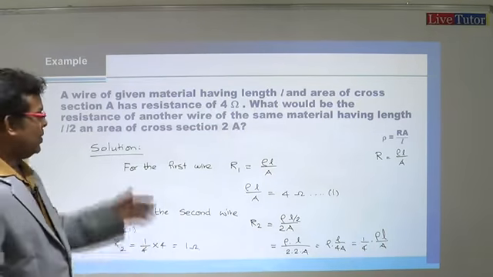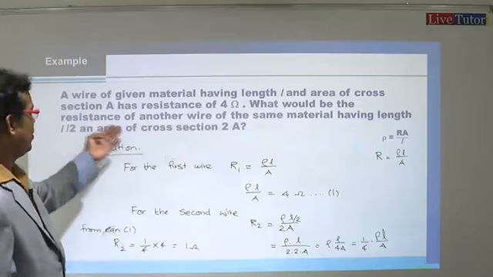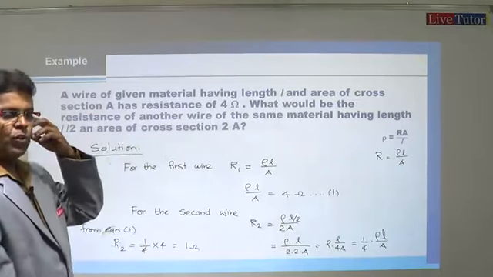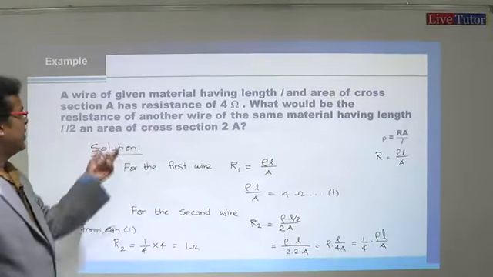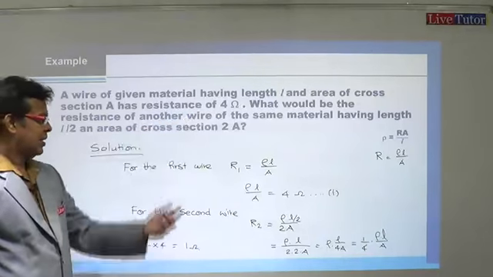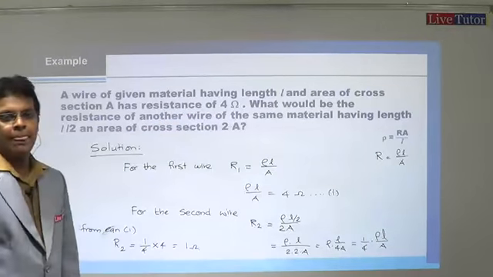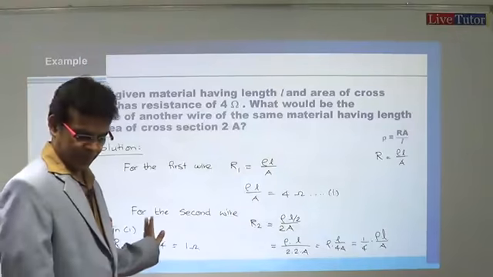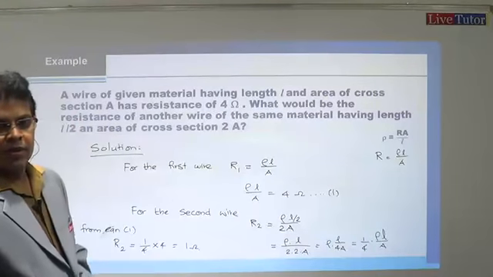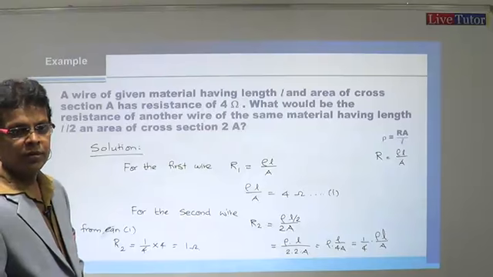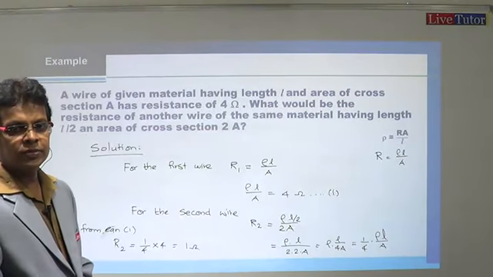So the resistance of the second wire, or a new wire, whatever you say, is nothing but 1 ohm. Is that clear? Have you understood?